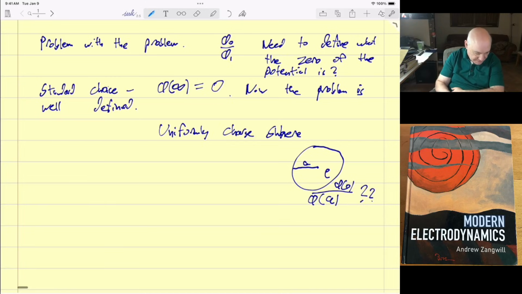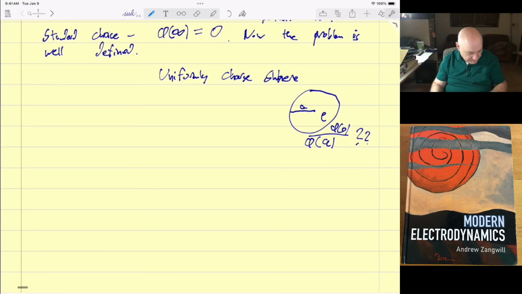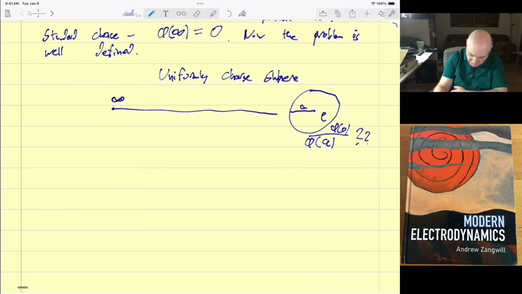To do that, we'll just do the calculation that's done in every freshman physics class. We'll integrate from infinity. We'll start by integrating to the point a, and then we'll continue on to the origin. So let's just use Gauss's law.